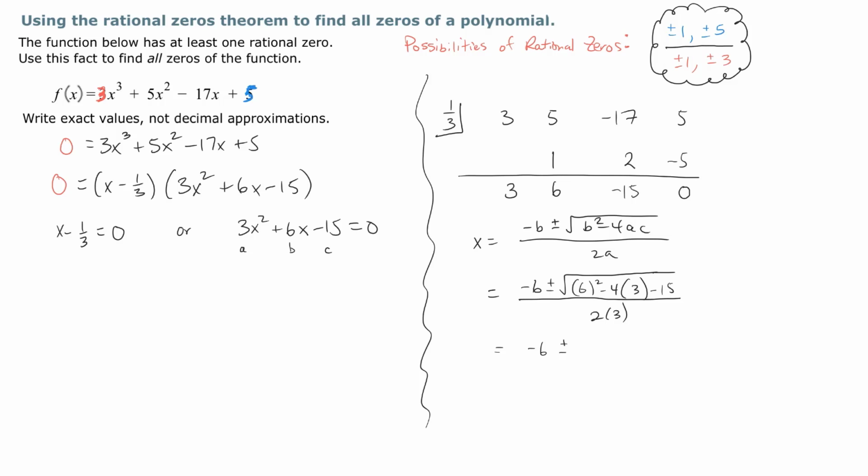Negative 6 plus or minus the square root of, oh, I forgot a parenthesis here. There we go. That is 45 times 4. So that's 180. 180 plus 36. What's 180 plus 36? That is 216.